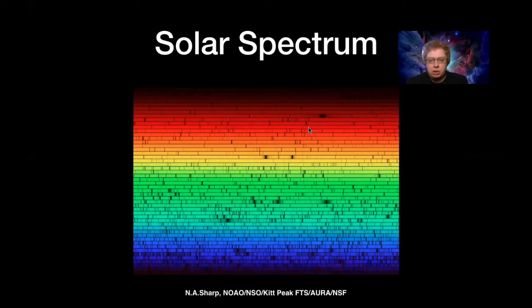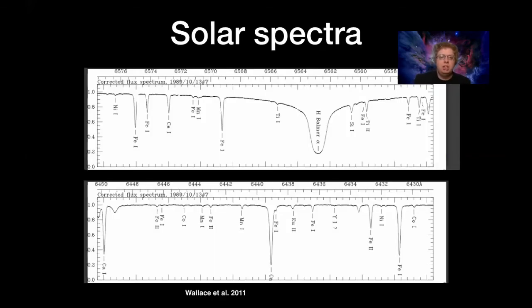Here's a big one here. Here's a little one. Here's a couple of big ones that come right next to each other. And all of these little dark lines are places where there's less light coming from the sun, and therefore there must be something in the gas causing those lines to exist. And we can go through and identify what elements are causing each of these lines.